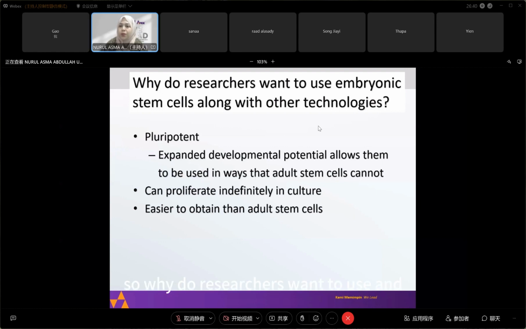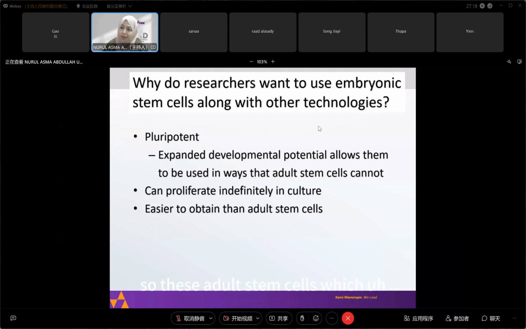Okay, so why do researchers want to use embryonic stem cells along with other technologies? Basically, embryonic stem cells are still in the category of pluripotent stem cells, because their ability to differentiate into various types of cells is more than what adult stem cells do.